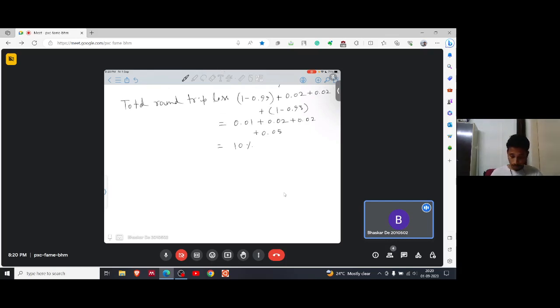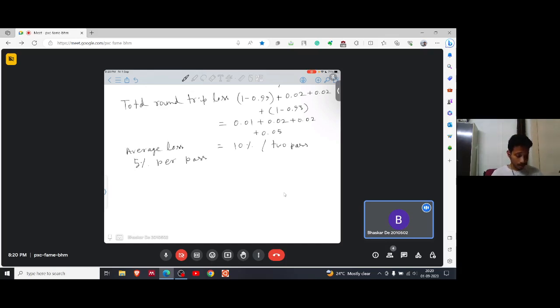equal to 10%. So for one round trip there are two passes, so 10% per two passes, so we can say that 5% per pass average loss.